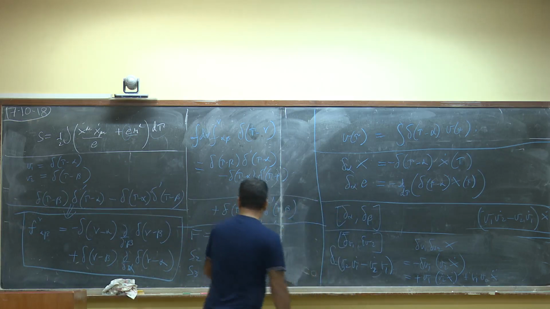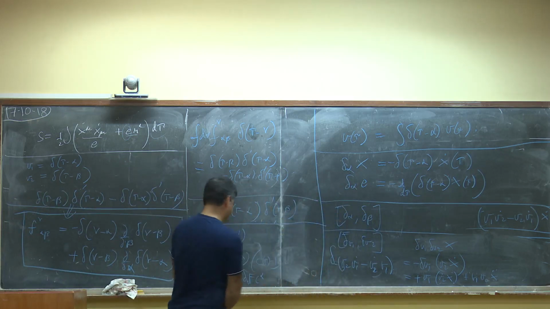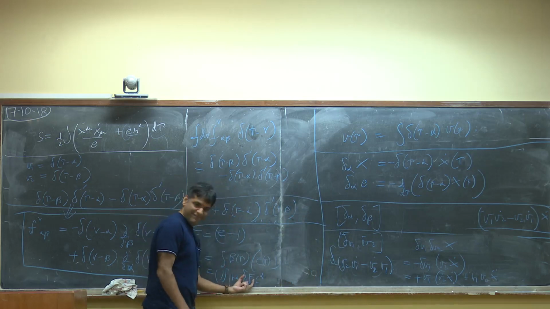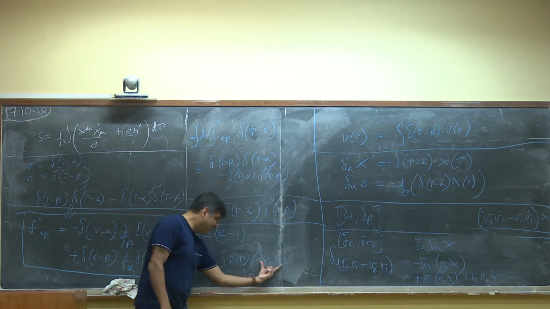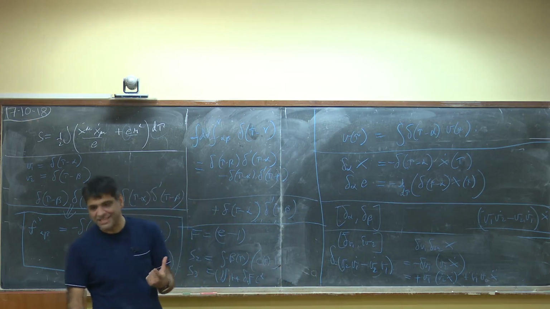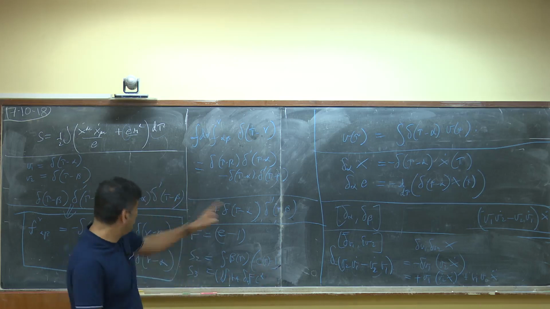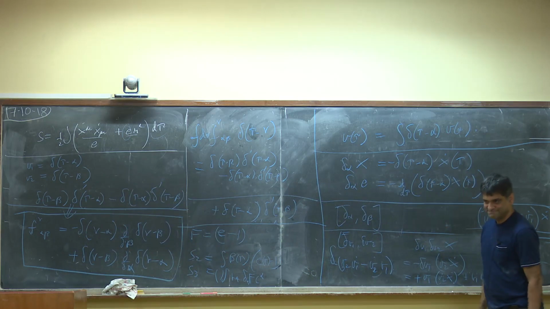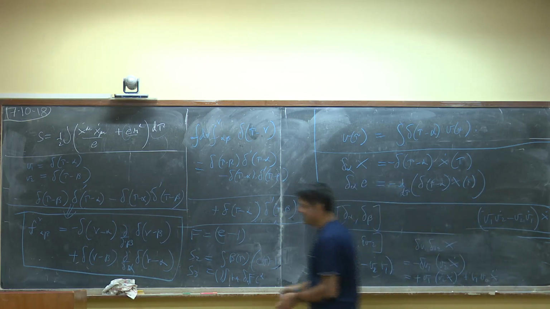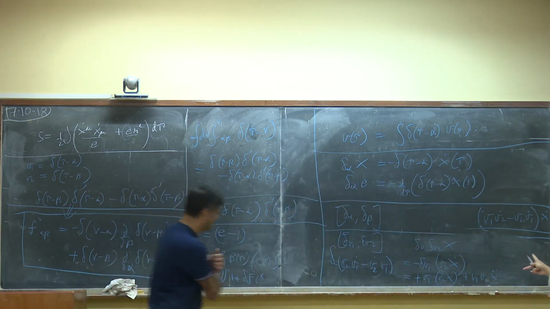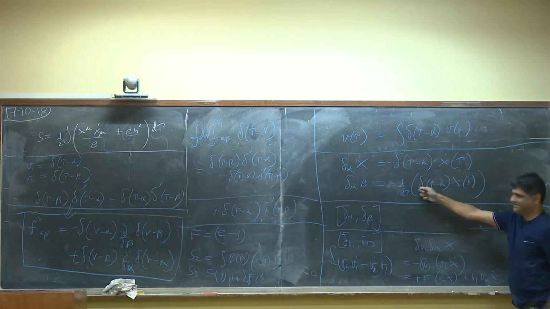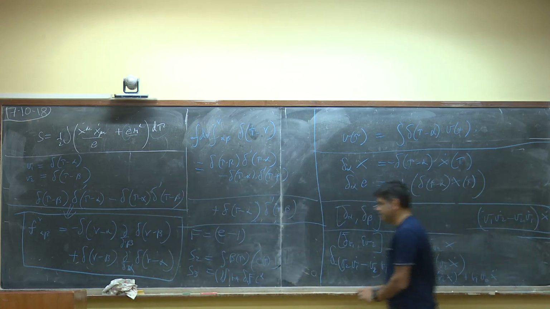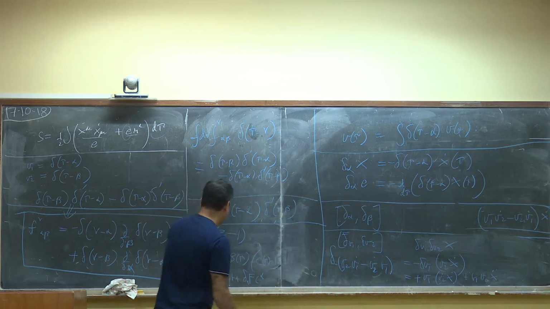So we need to know what delta_alpha F is. But delta_alpha F is how F changes under an infinitesimal gauge transformation parameterized by the function. This one, exactly. And then we're supposed to multiply that by C alpha and integrate over all alpha.